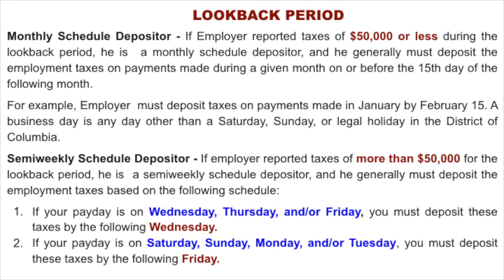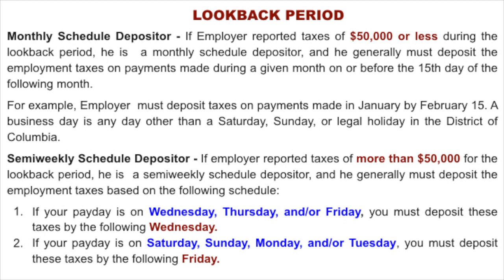Now let's look at the semi-weekly schedule depositor. If the employer reported taxes of more than $50,000 for the look-back period, he is considered semi-weekly schedule depositor, and he generally must deposit the employment taxes based on the following two schedules. Schedule 1.